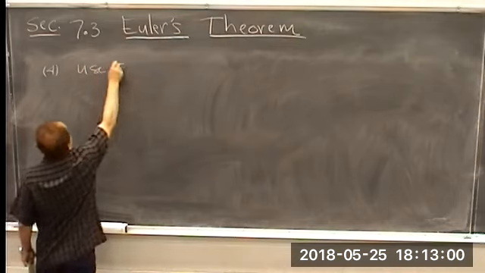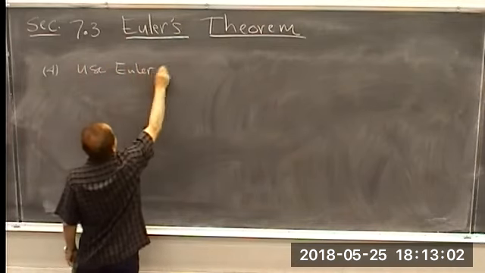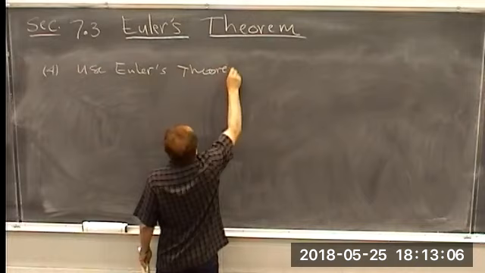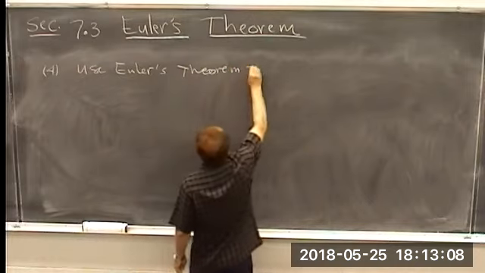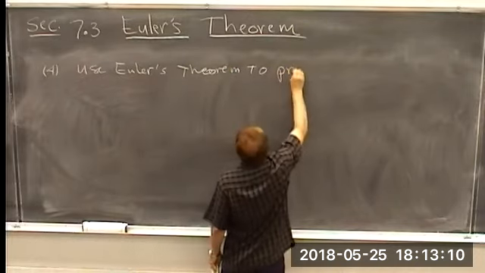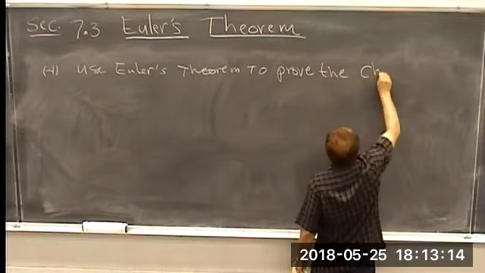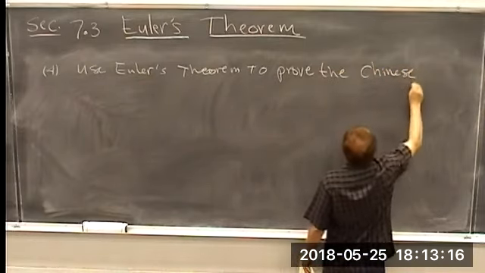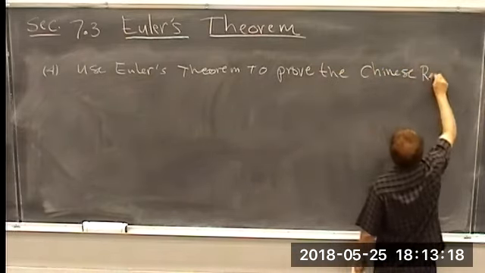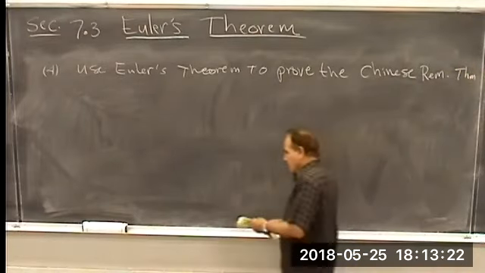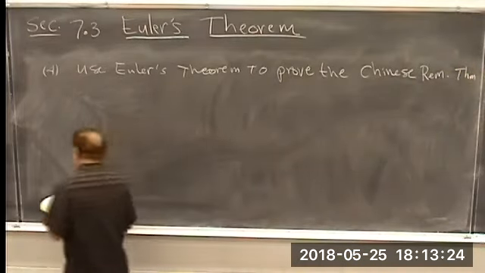Okay, so this is number 4: use Euler's theorem to prove the Chinese remainder theorem. All right.